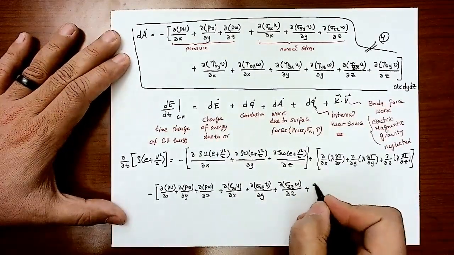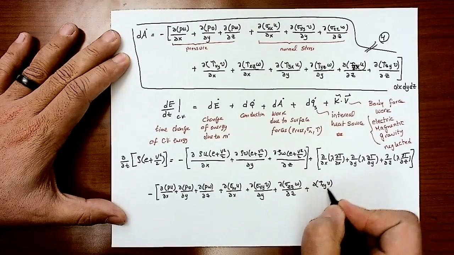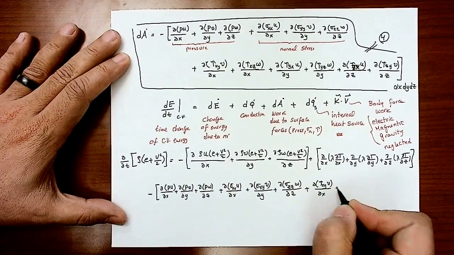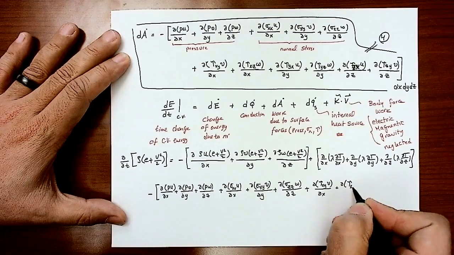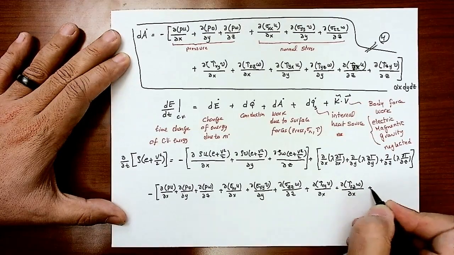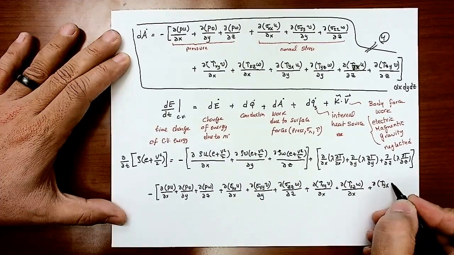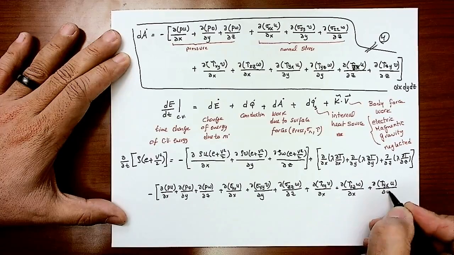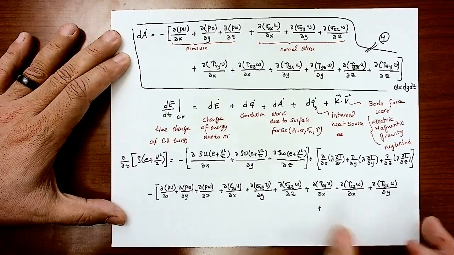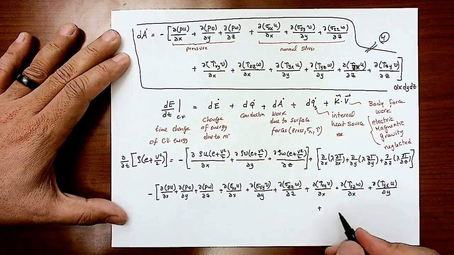So this will be ∂(τxy v)/∂x plus ∂(τxz w)/∂x plus ∂(τyx u)/∂y, plus I will just keep the shear stress component in here.